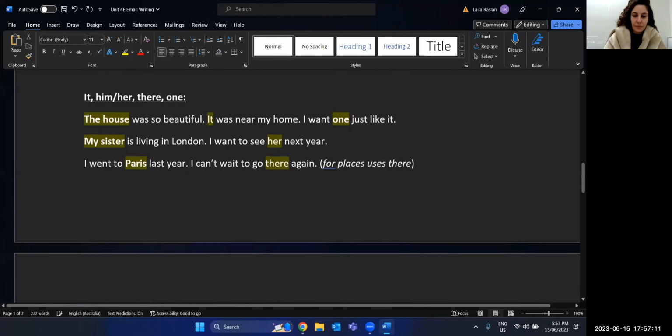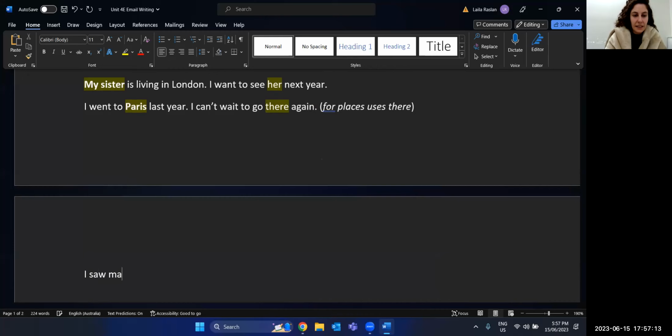So for example, I saw many Colombians in the city.